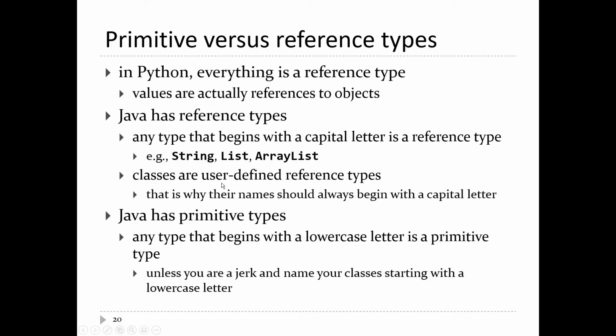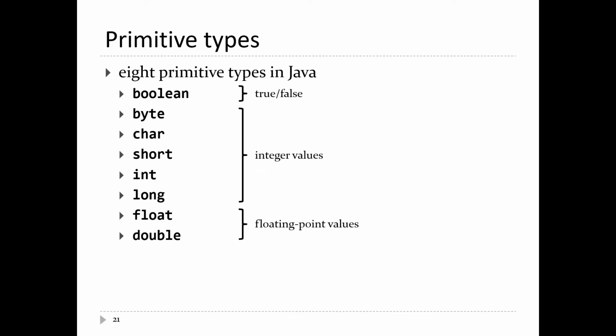If you name your class with a lowercase letter and you use it as a type, that looks like a primitive type to a Java programmer. Now, an experienced programmer will recognize fairly quickly that it's not in fact a primitive type, because an experienced programmer knows there are only 8 primitive types in Java, and there's no way for the programmer to create additional primitive types.